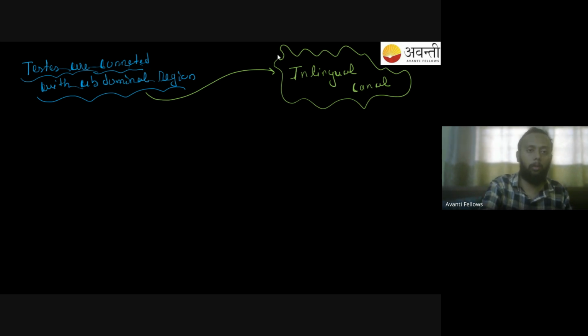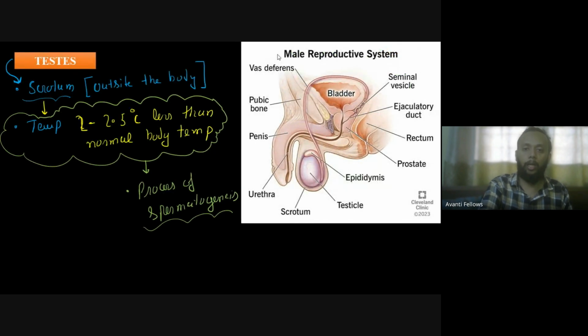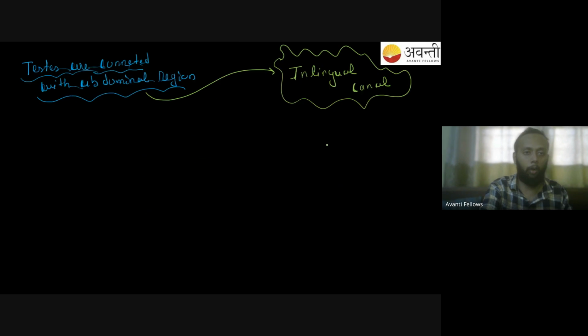You cannot see it over here, but somewhere here you have the abdominal region, and the testes are connected there. They have a canal over here, and that canal is called the inguinal canal. We'll have a look at the picture later on.